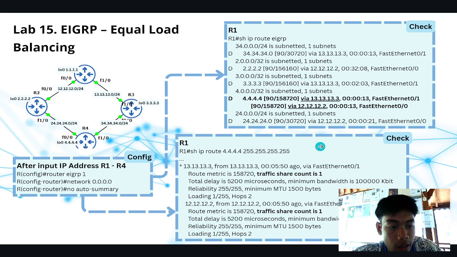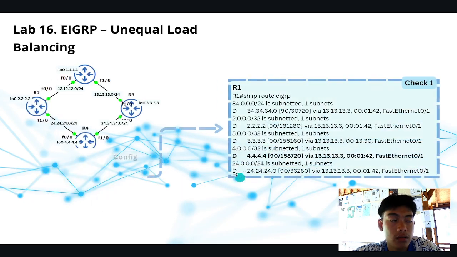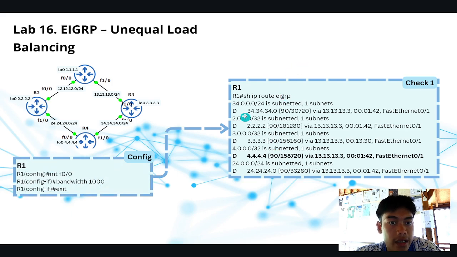Number 3, as a result, router 1 sends traffic forward to router 4 using both paths equally, improving redundancy and bandwidth utilization. And then next, lab 16, EIGRP unequal-cost load balancing.